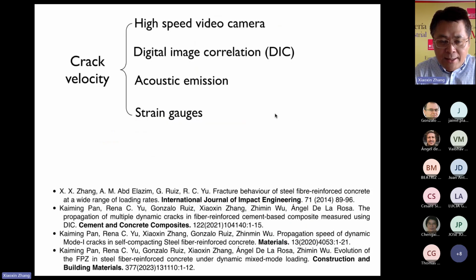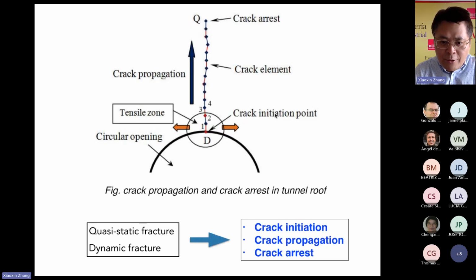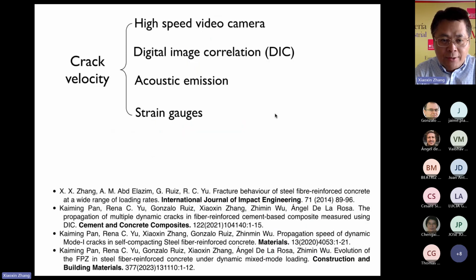In this topic, I want to concentrate on the second item, at the right side lower down. Crack propagation means the velocity of crack propagation. Regarding the crack velocity, there are several methods as shown in this slide: high-speed video camera, digital image correlation, also DIC, acoustic emission, and strain gauge.